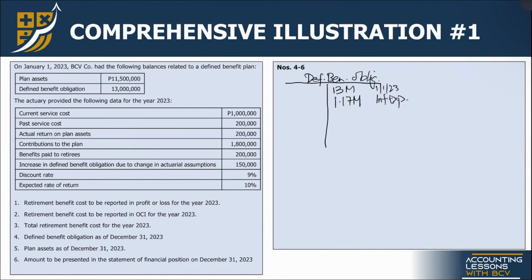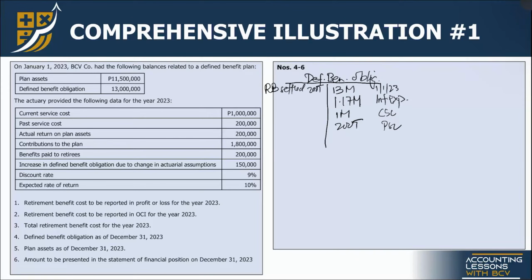Next, ano yung mga kasunod? Current service cost, past service cost. 1,200,000. Okay? Next. Yung kasunod, yung retirement benefits settled. Tama? Retirement benefits settled. In this problem, only one is given, benefits paid to retirees. Tama? 200,000.